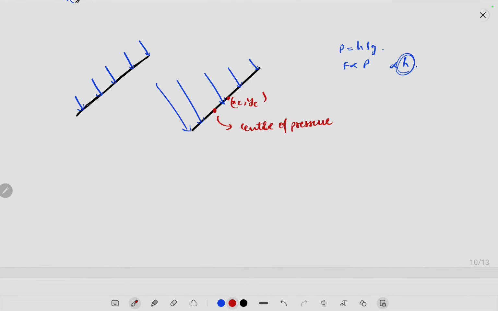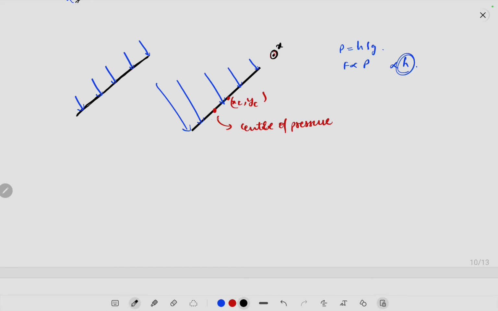If you just see the profile of the force, this force would have the tendency to rotate this body, right? And if this is your x-axis, then this force would try to rotate the body about the x-axis, right?